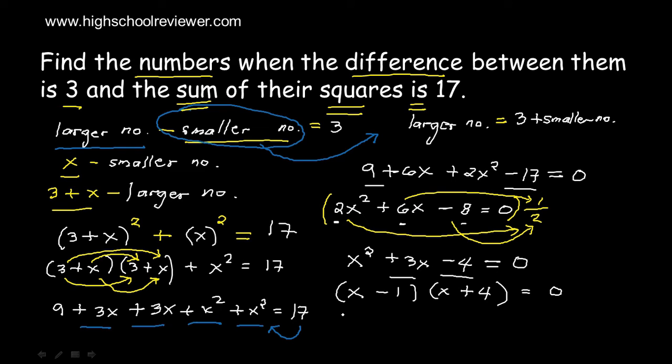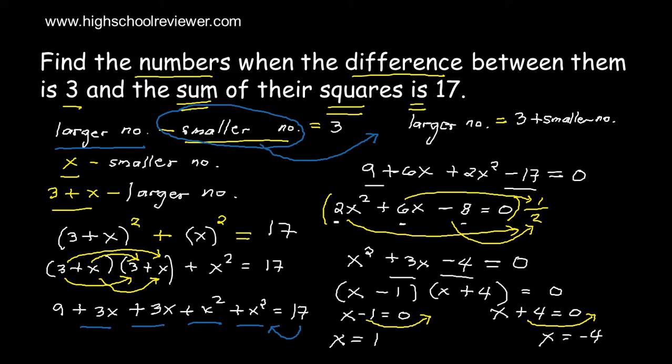To find x, we have x minus 1 equals 0, and we just transpose negative 1 to the other side. So x is equal to positive 1. Then we have x plus 4 equals 0. If we transpose positive 4 to the other side, x here will be negative 4.